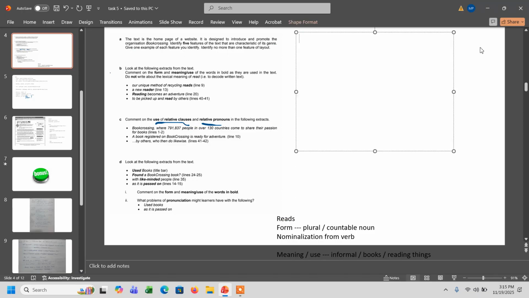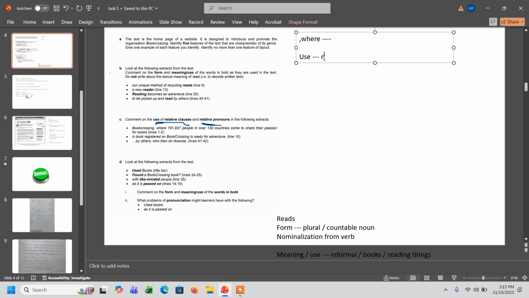Okay, so number C, it is the use of relative clauses and relative pronouns. So this is about comma, where, and so on. And we only need to talk about use, not about form and meaning.